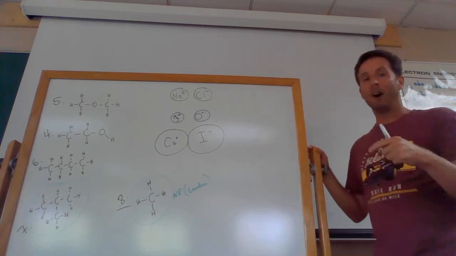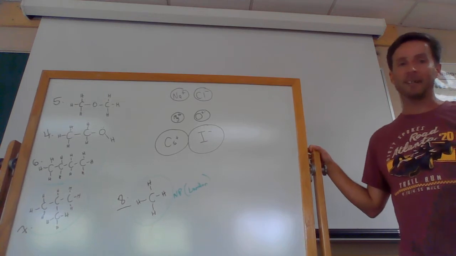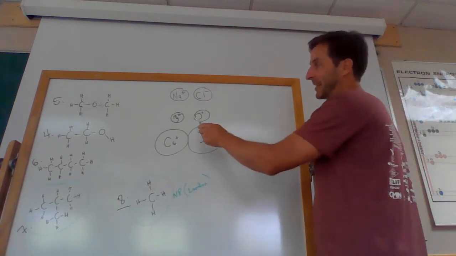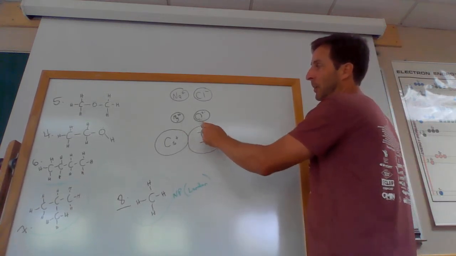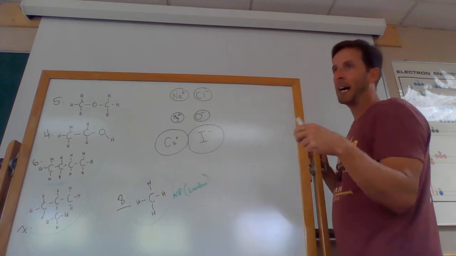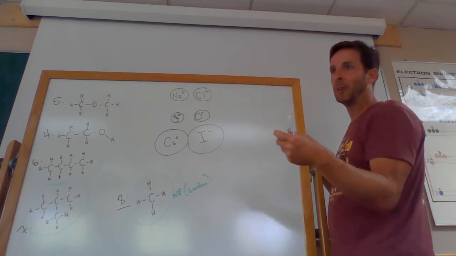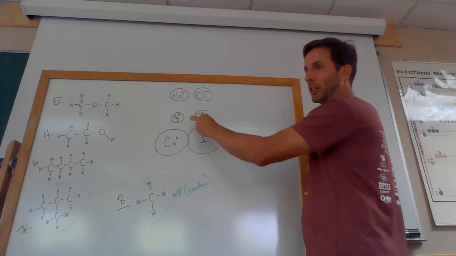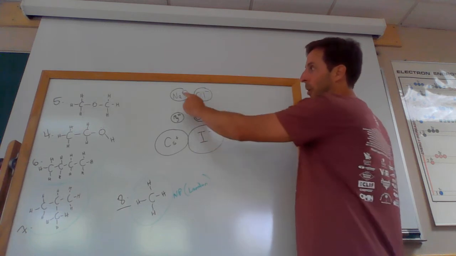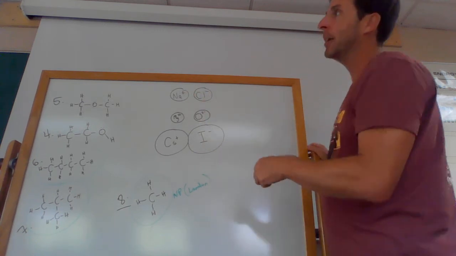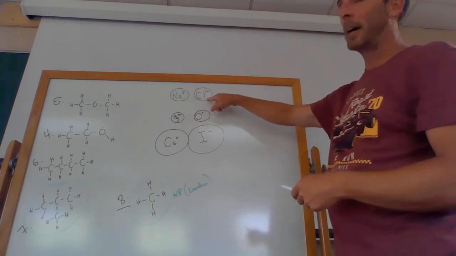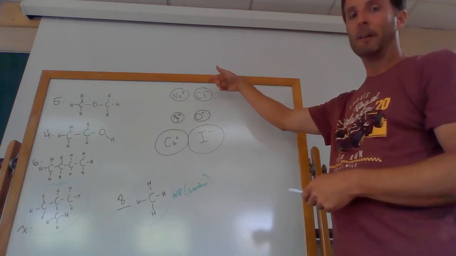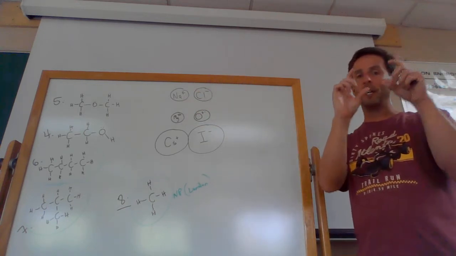Now, another factor, though, is also size. If I look at the sizes, Mg and O, they both are going to be isoelectronic with neon. So basically, their second electron shell is full. With sodium and chloride, sodium is second shell, but chloride goes to third shell, so it's bigger. And if you remember in that equation, the radius was in the bottom.